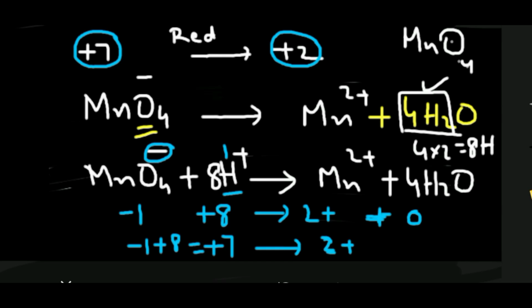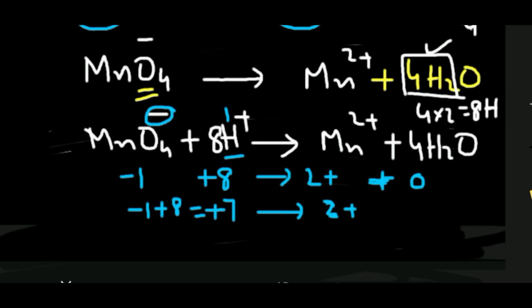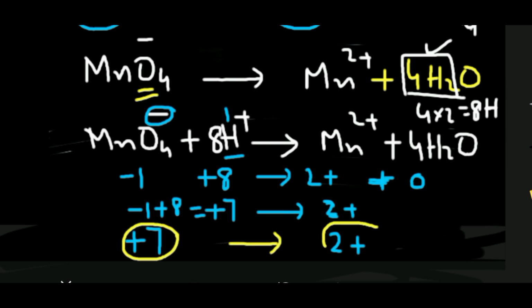So on the reactant side we have plus 7 charge, while on the product side we have plus 2 charge. In order to balance this charge, we have to add 5 electrons on the reactant side, so that the charge on both sides is balanced.